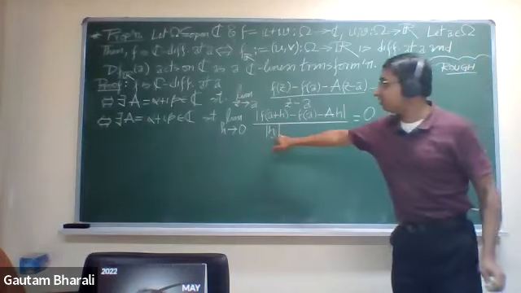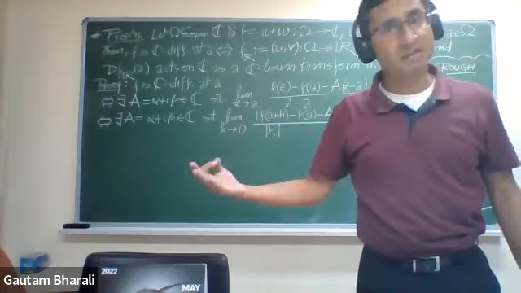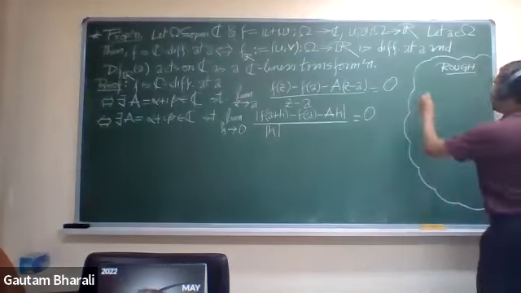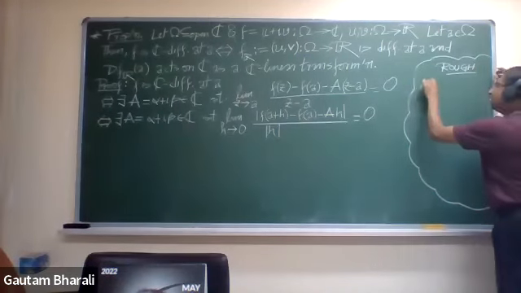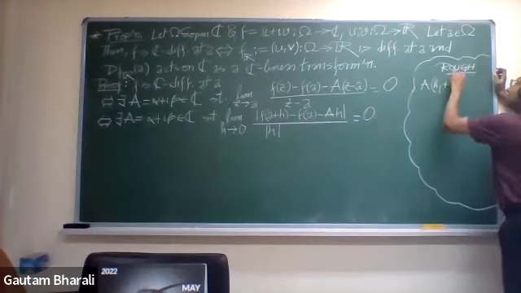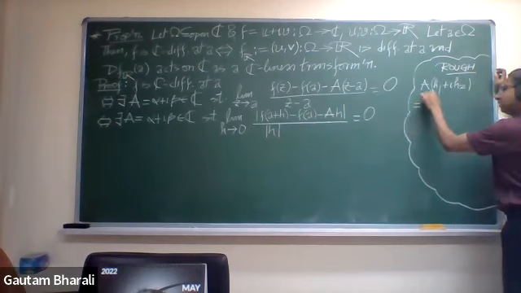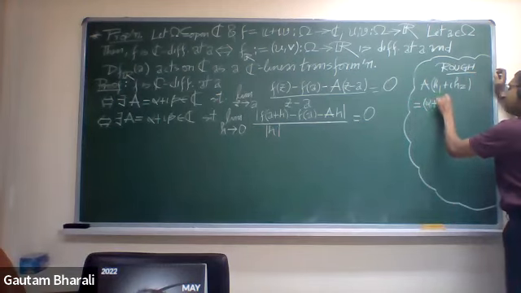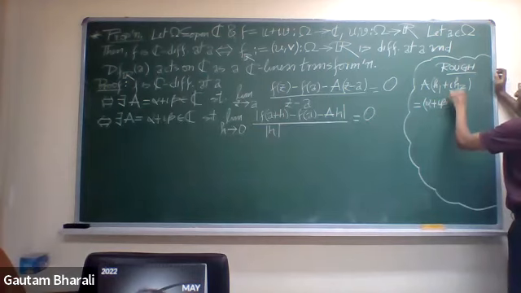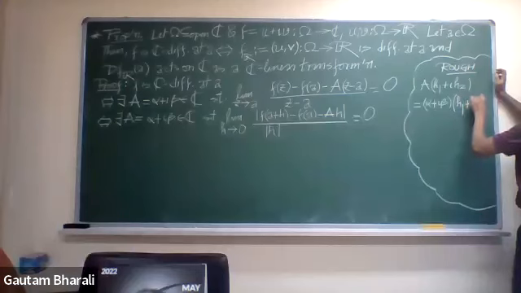Right, so I have this h here, which is a complex number. I'm going to write it as h1 plus i h2. And so what happens if I have A times h1 plus i h2? I mean, this capital A is alpha plus i beta, times I have this h1 plus i h2.